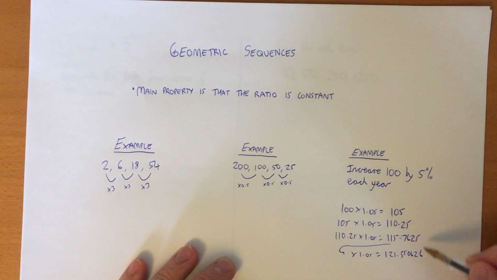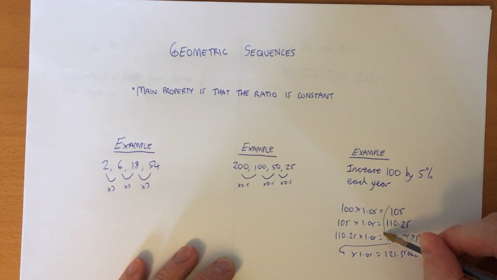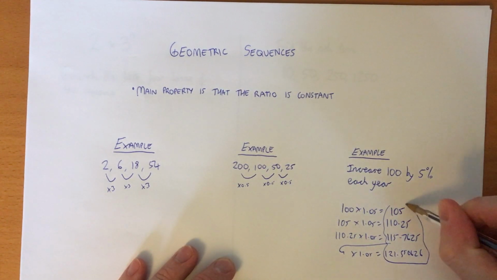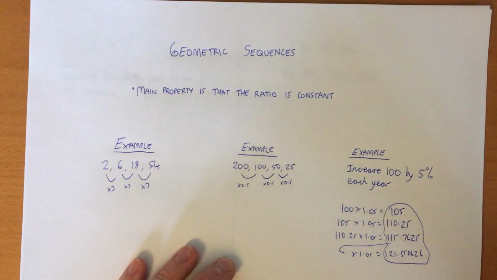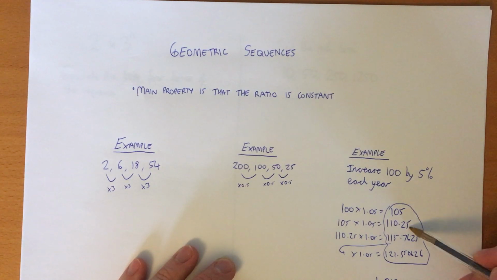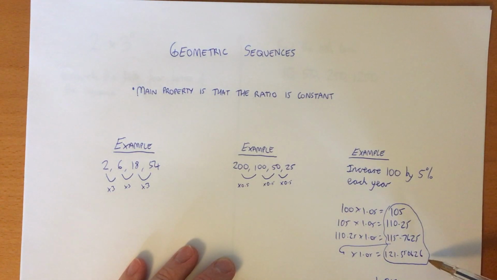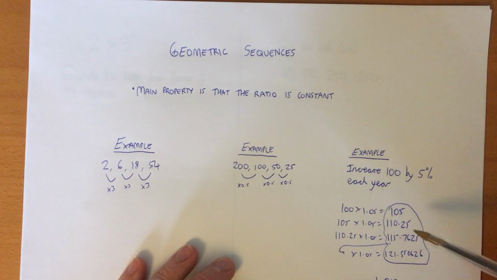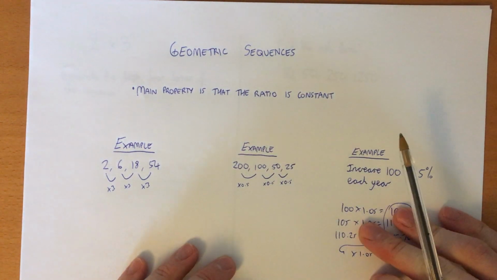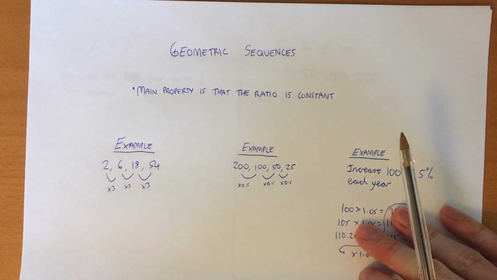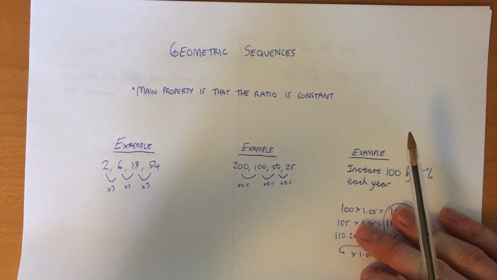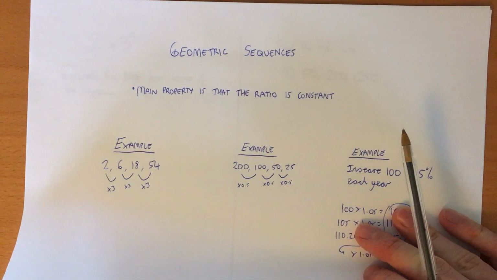What I'm showing here is that there is a geometric sequence in itself. And the common ratio of that is 1.05, because to get from one to the other, you multiply by 1.05. So compound interest and geometric sequences have the exact same property. And that all links beautifully to exponential growth and decay. But we'll come to that again in a second.